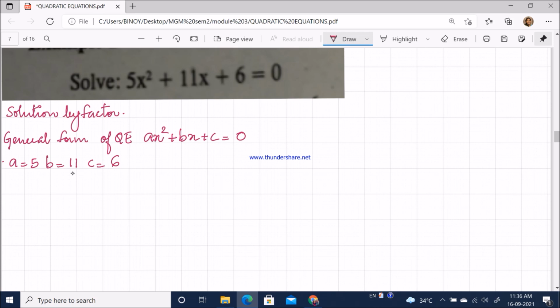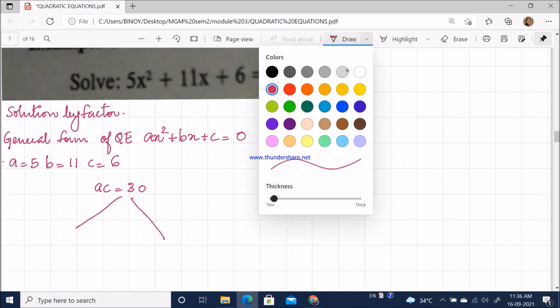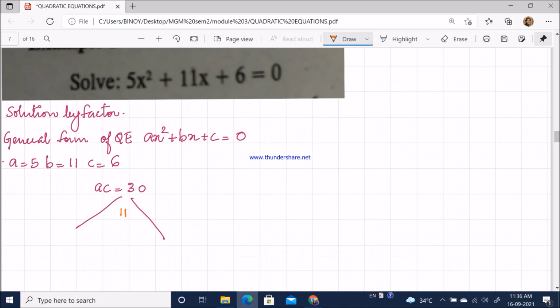Now what is ac? The product ac is 30 and the sum is 11. So we can consider the numbers as 5 and 6. Okay. So 5 plus 6 is 11.